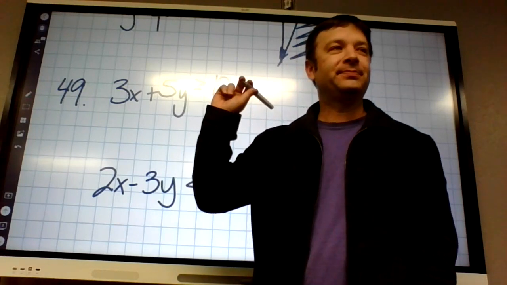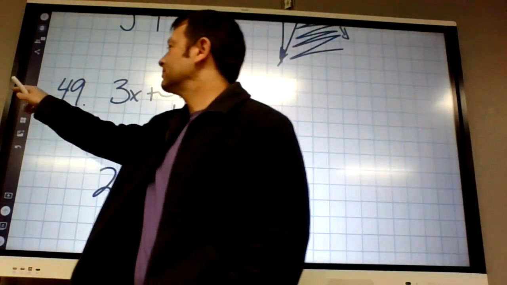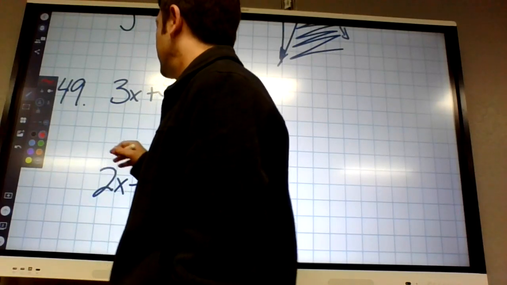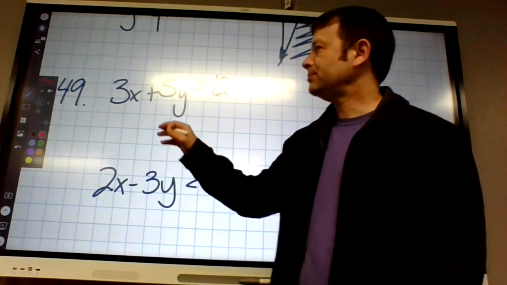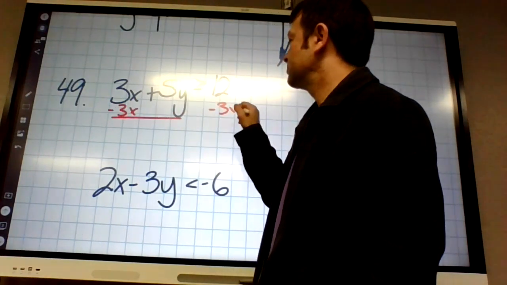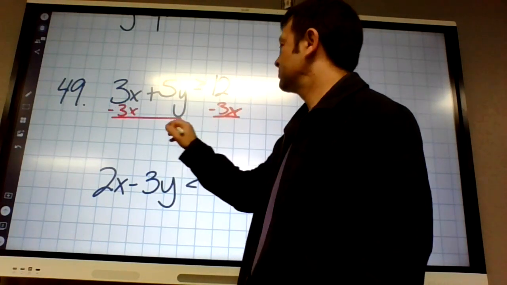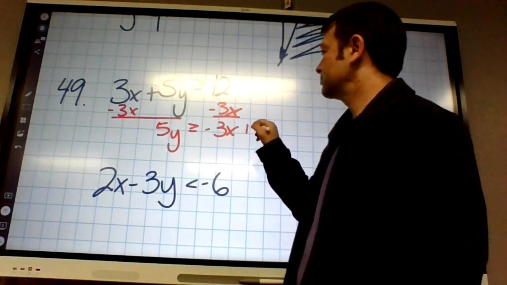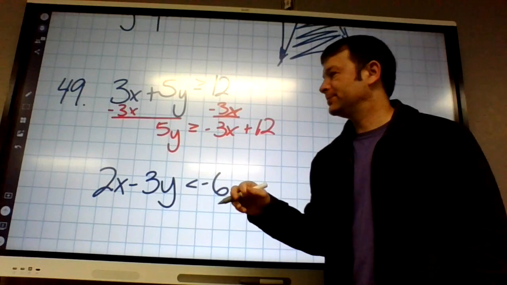Carolyn, to do the problem. Yeah. Y-intercept form on both sides. So what do I need to do? Subtract 3x and 2x. Then what do I do?